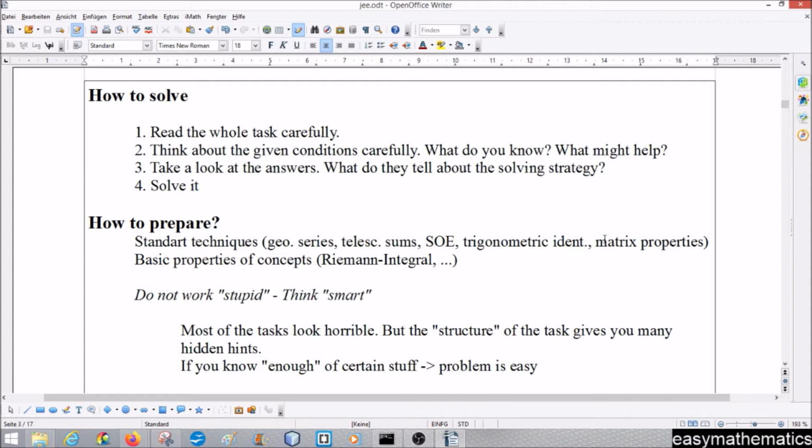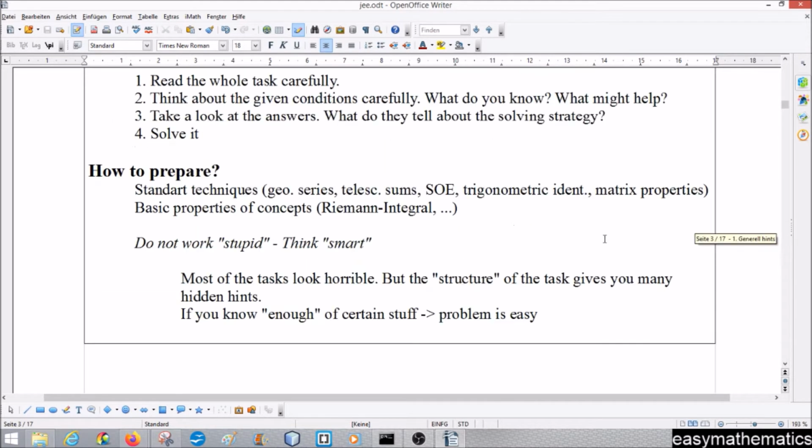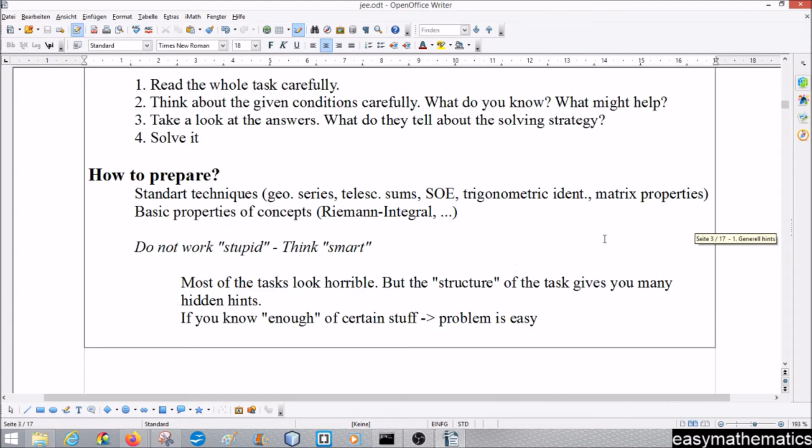Of course, you should know about standard techniques like geometric series, telescoping sums and stuff like that, and you should know about some basic properties about important concepts, for example Riemann integration. And also something very important: do not work stupid, think smart.